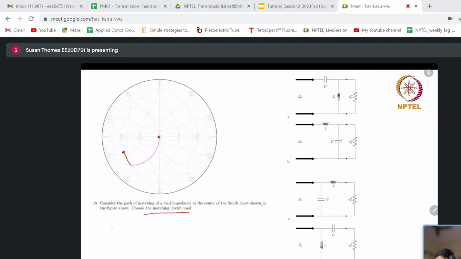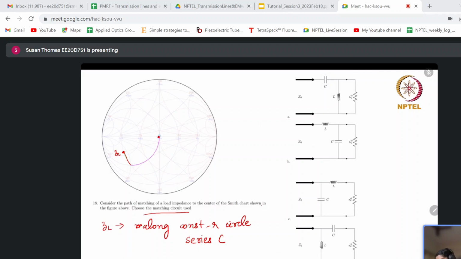Let me write it down. From ZL, the normalized load impedance point, move along the constant R circle towards the lower half of the Smith chart. So it is clear it should be a series capacitance.